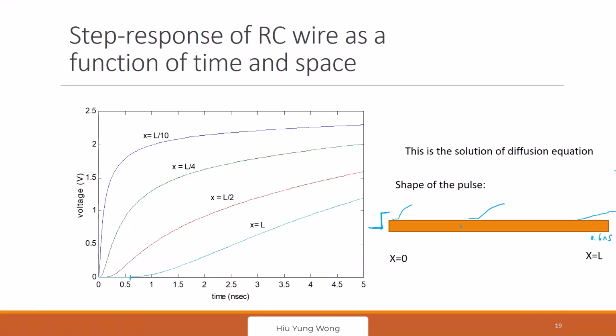It keeps diffusing out. It cannot keep the pulse that it has. So this is another problem. On the other hand, you can say the rise time will increase. Okay.